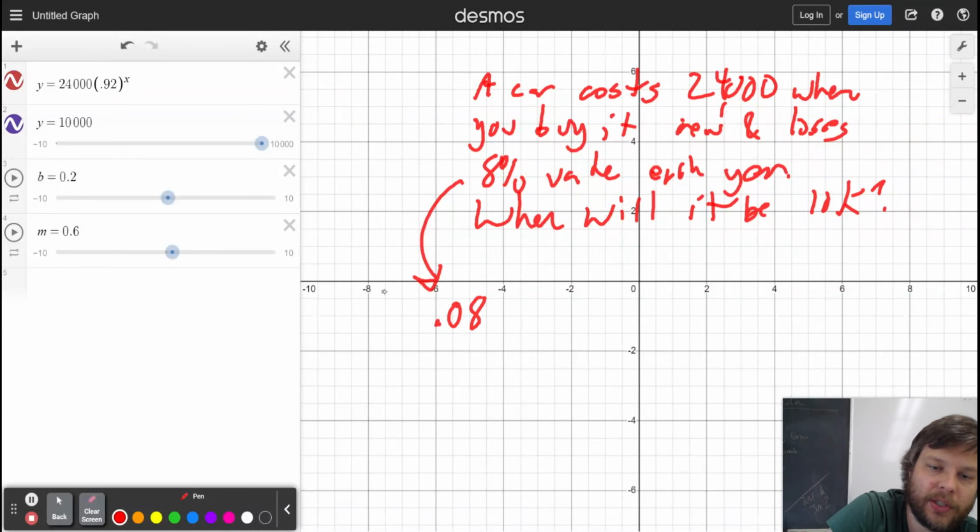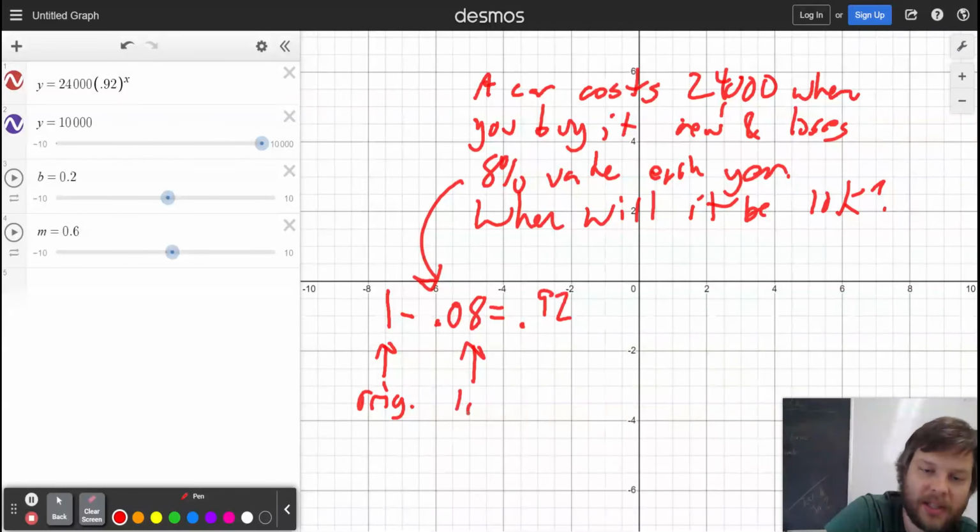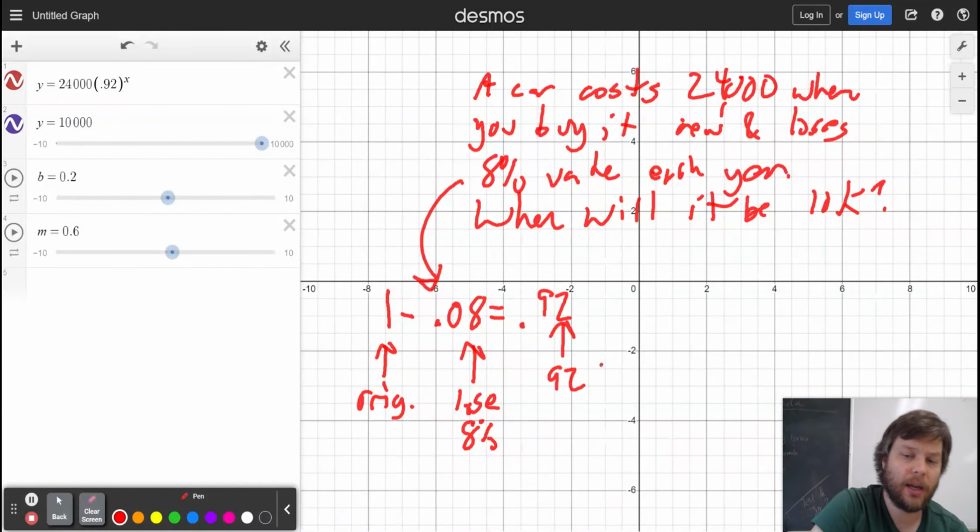And if you lose something, you are subtracting it off of 1, meaning you are keeping 92%. So this is the original value, this is the loss, lose 8%, and then this is 92% remaining.